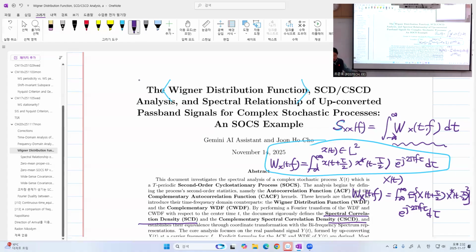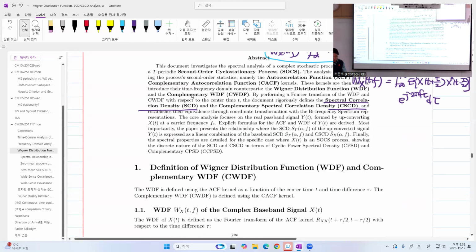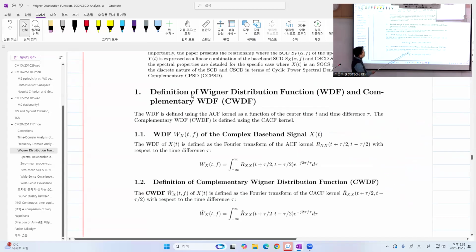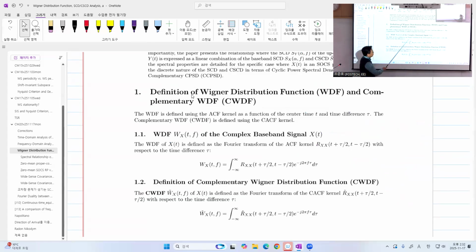So let's see. First, as you see here, here goes the definition of the Wigner spectrum or Wigner distribution function when X is a random process. And here goes the complementary Wigner distribution function in terms of the complementary autocorrelation. Got it?